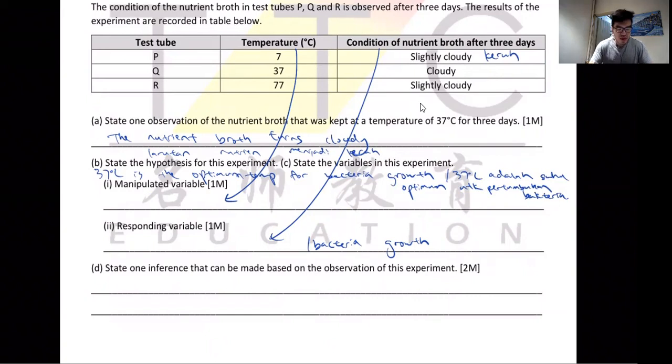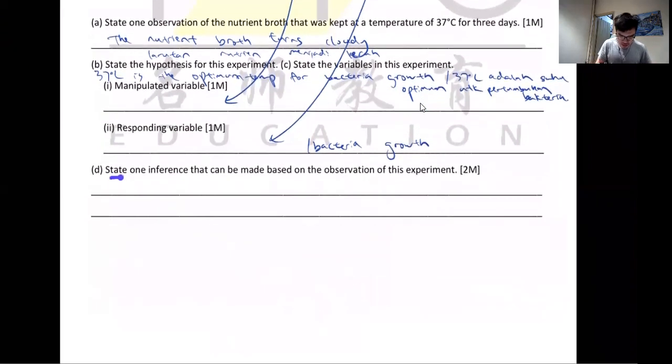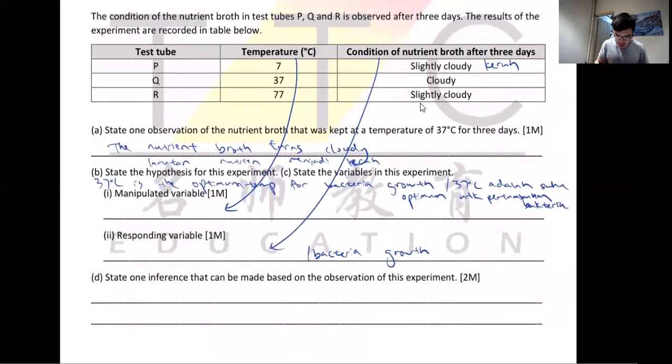Right, so anyway, moving on. Okay, so D, state one inference that can be made based on the observation of this experiment. Okay, inference is you explain. You explain, you see this. Why do you see this? When it is 37, it is cloudy.